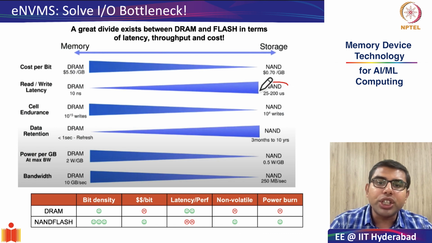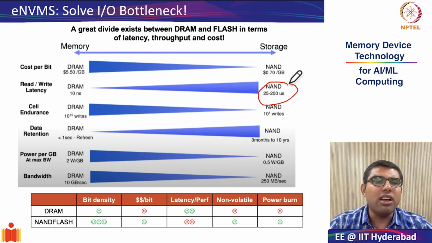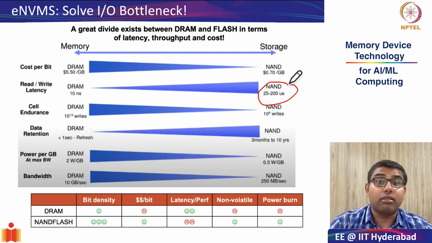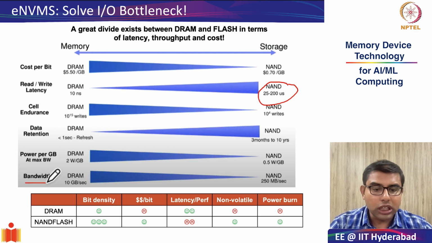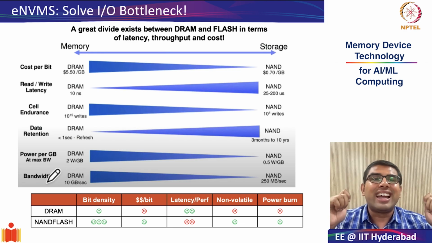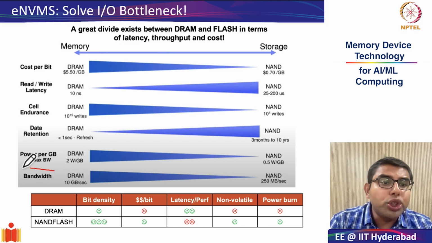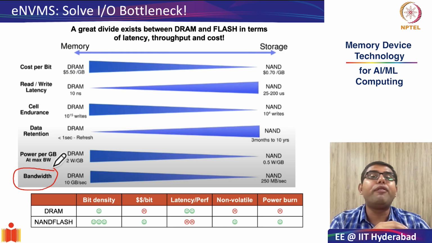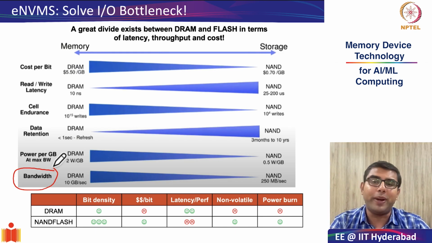Remember, in NAND flash, at a time you access large chunks of data in and out of the system. So that is why, although the latency is really poor, the bandwidth is somehow managed. So this was our very quick review of the IO bottleneck. This huge throughput difference of nearly 40 times is what creates the IO bottleneck in the first place.